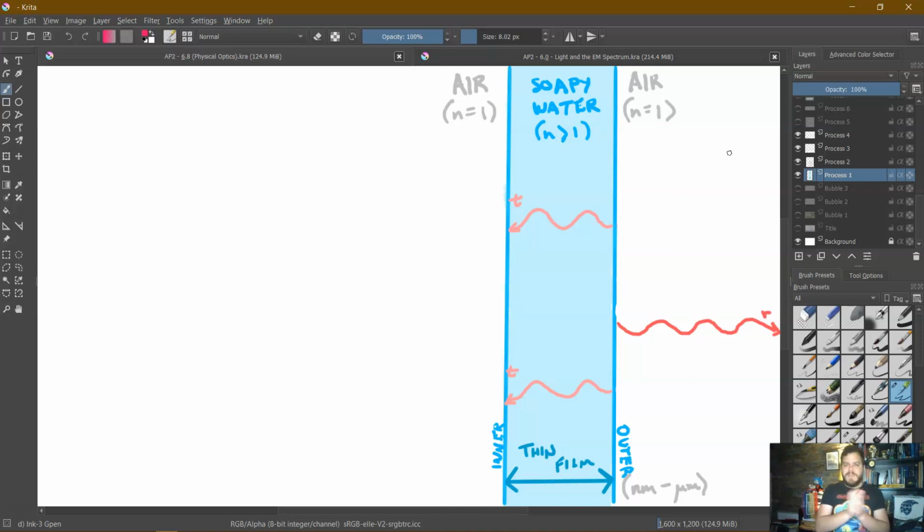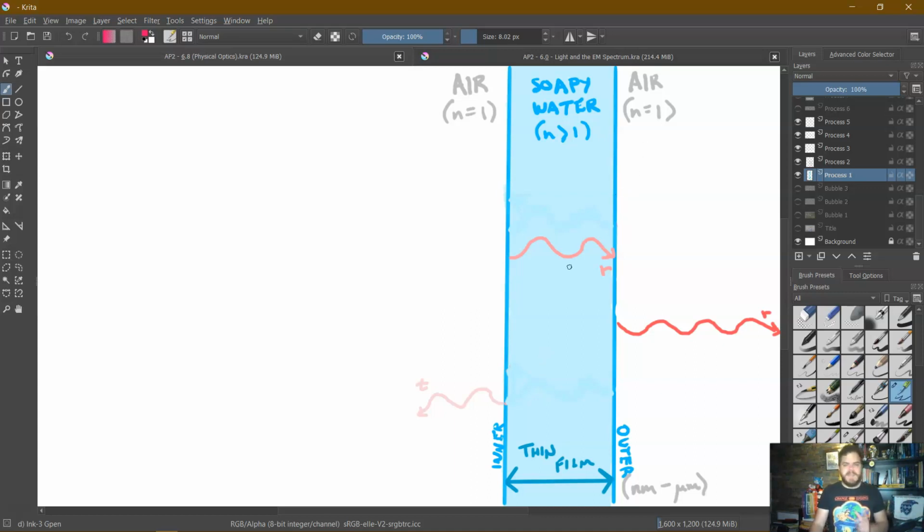And when it gets to the inside of this layer, it's going to encounter air on the other side of the soapy water. When that happens, once again, we have some light that reflects back from this inner boundary, and some of it which is transmitted beyond that point through to the other side of the bubble.